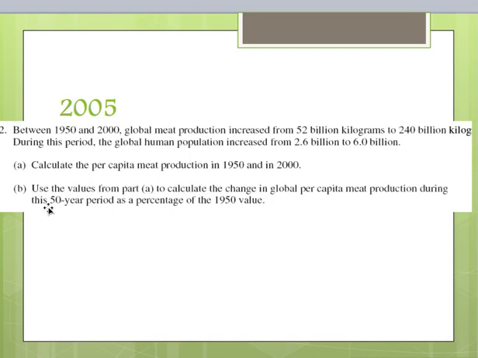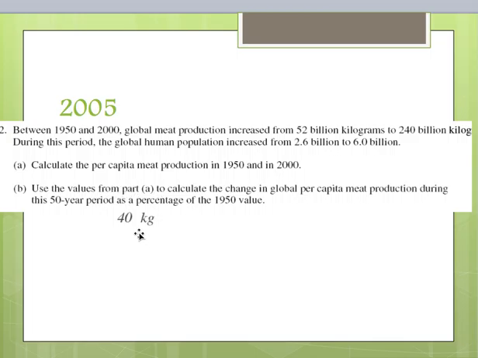Part B says, use the values from part A to calculate the change in global per capita meat production during this 50-year period as a percentage of that 1950 value. Okay, so being able to use our percentage calculations is going to come in handy here.